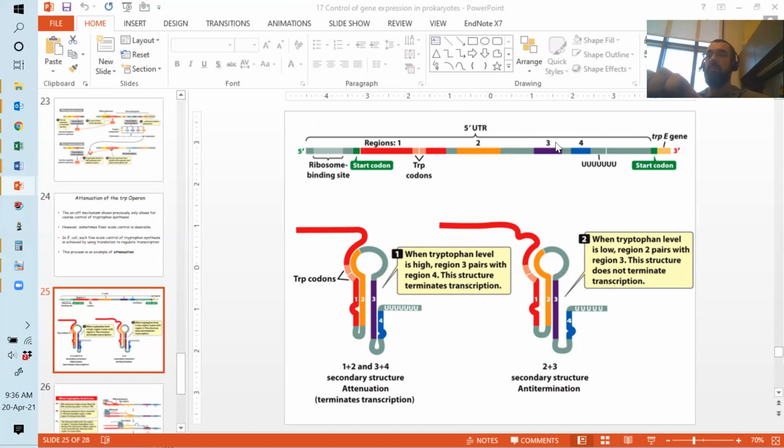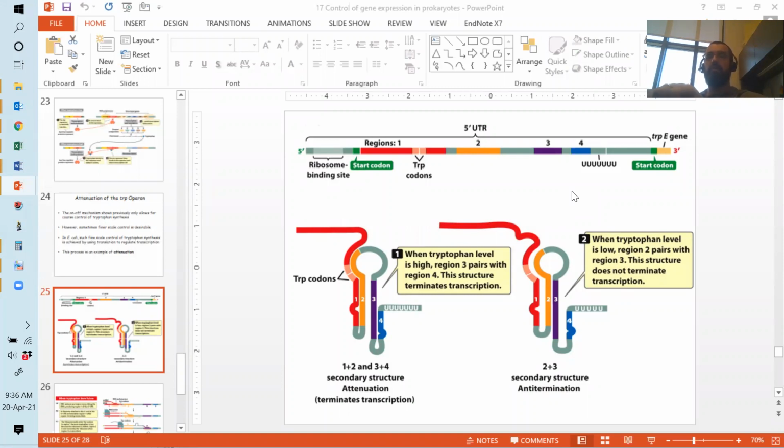So if we have a hairpin loop of 2 and 3, you will not get a 3-4 hairpin loop. If 2 is covered up or bound to 1, so essentially it's not available, that's the key point. 3 is free, it's hanging in the breeze until 4 is transcribed, and 3 and 4 then form a hairpin loop. Does that make sense?